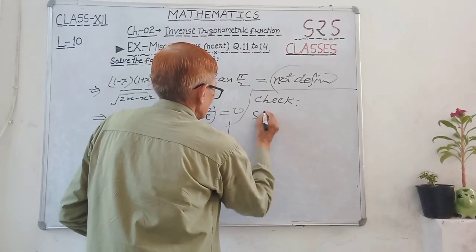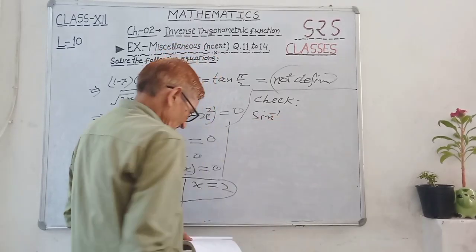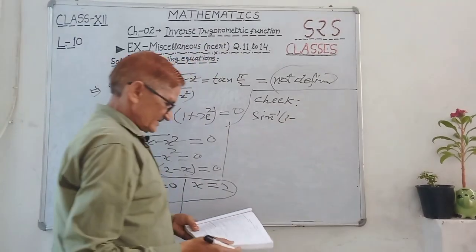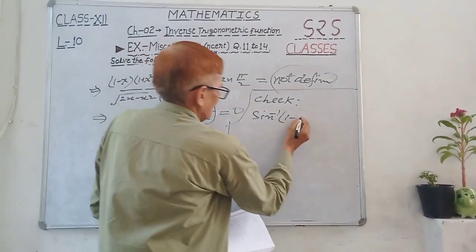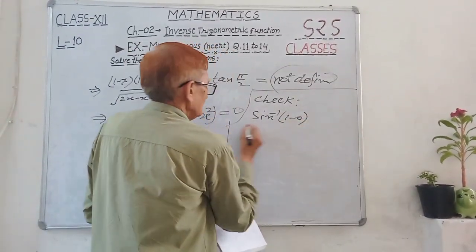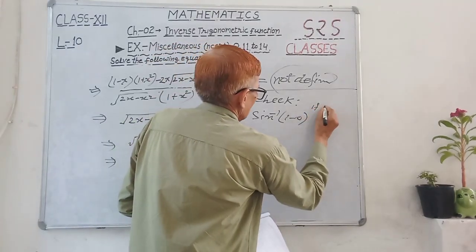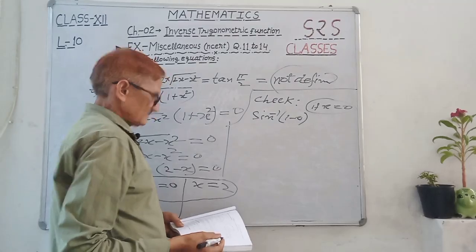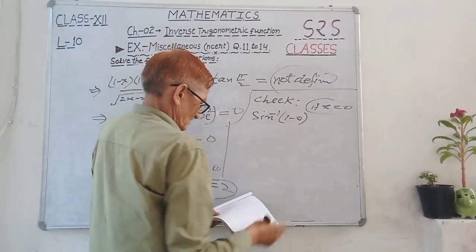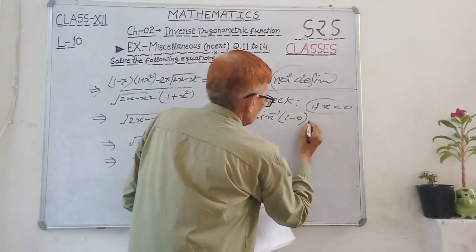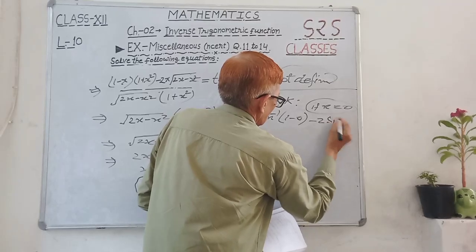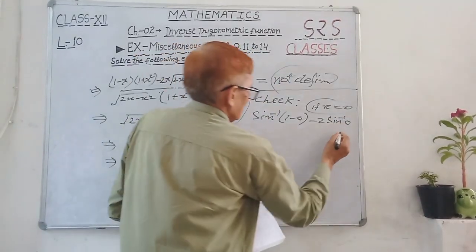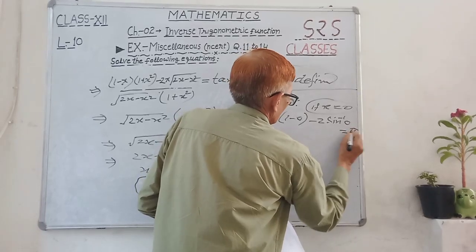The question was sin inverse 1 minus x minus 2 sin inverse x is equal to pi by 2. If x equal to 0, first case, then sin inverse 1 minus 2 sin inverse 0 is equal to pi by 2.